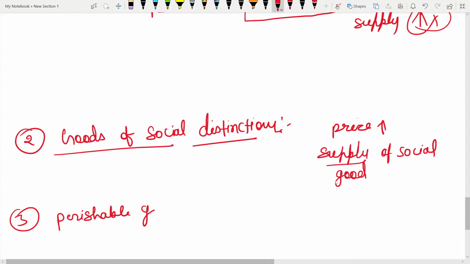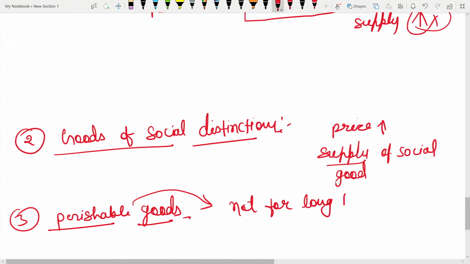What does perishable goods mean? Perishable goods are goods which do not last for a long time. Those goods which do not stay for long, we call perishable goods.